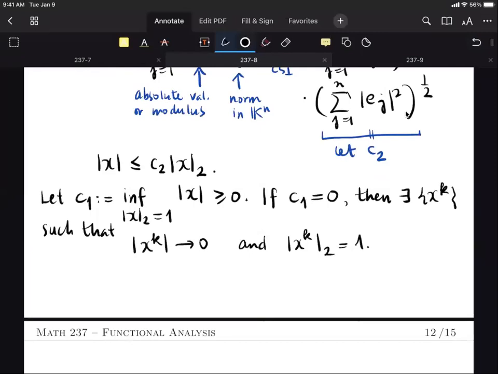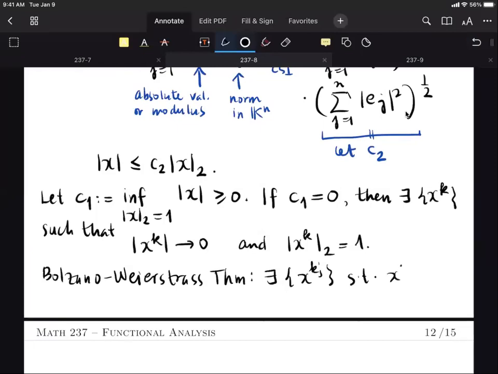So if we apply the Bolzano-Weierstrass theorem, we can find a subsequence that is convergent. So by the Bolzano-Weierstrass theorem, this bounded sequence has a convergent subsequence.